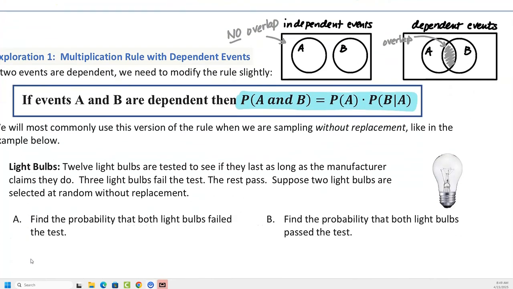Okay. What this does is it allows for the overlap to not be counted twice.